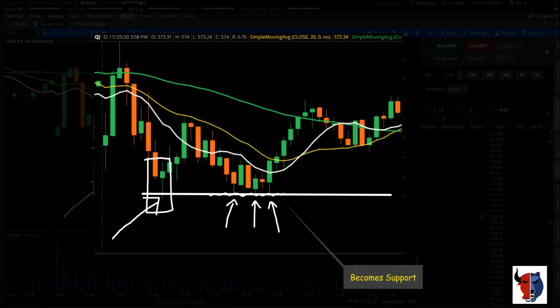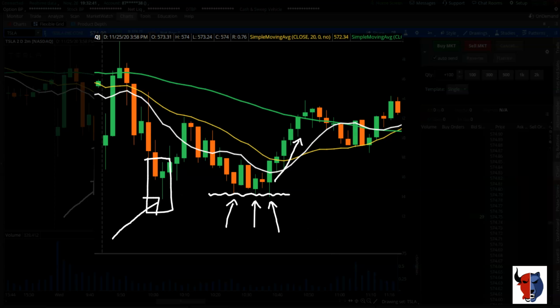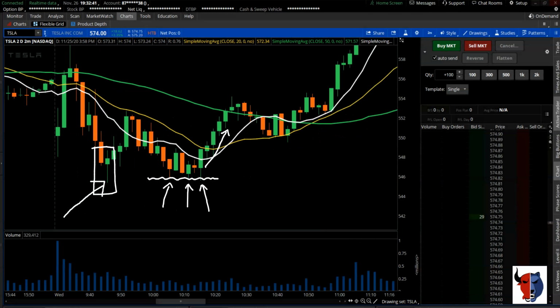There are consecutive bars with bottom wicks that show that buyers do have some strength here. And of course, the opposite would be true for the bearish scenarios where you have the top wicks and you see that selling pressure coming along.